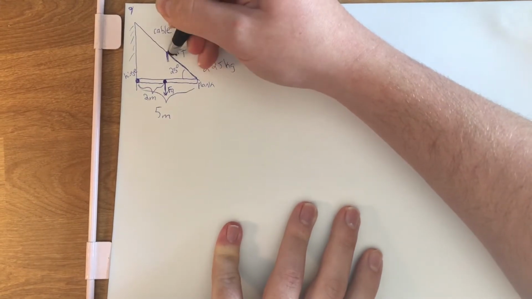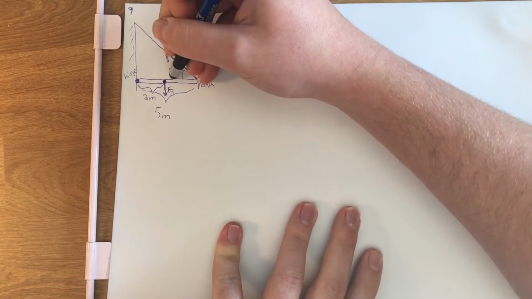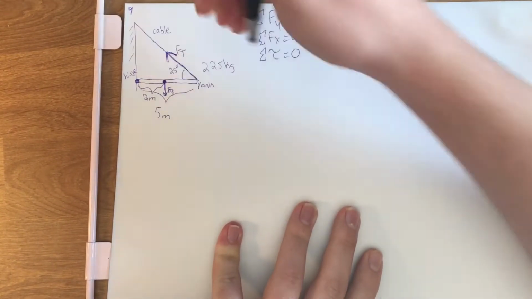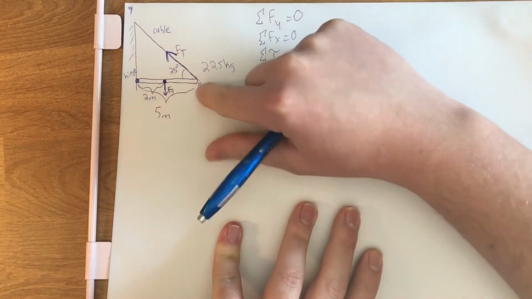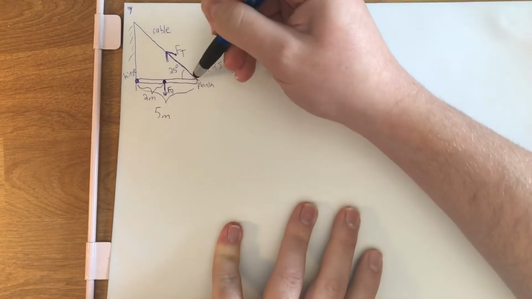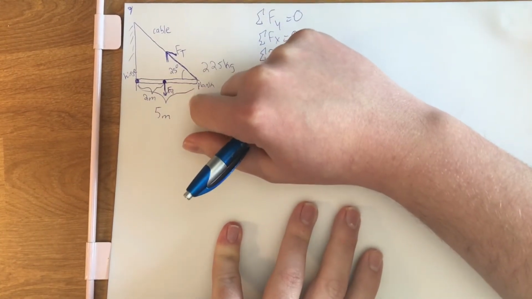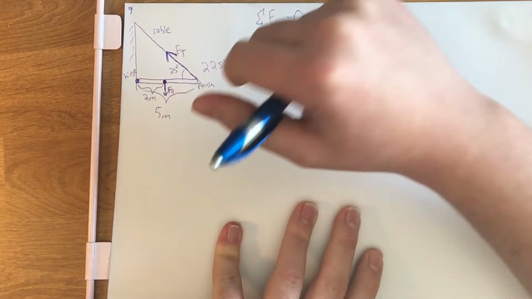Look at this tension here. This tension has an x component. If I had my free body diagram just like this, with only force gravity and force tension, tension has an x component going left. Which direction would this system be accelerating if these are my only forces acting on it?